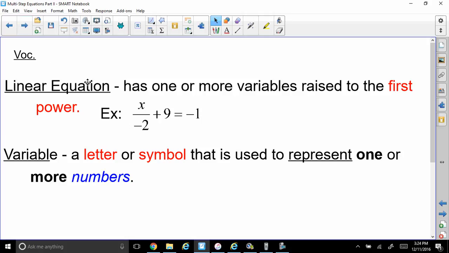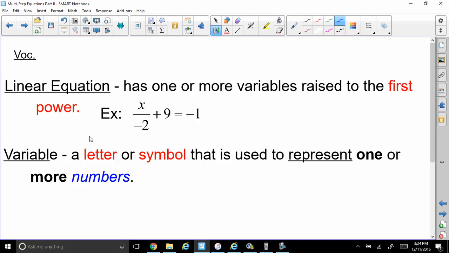A linear equation has one or more variables raised to the first power. For example, x over negative 2 plus 9 equals negative 1. Notice the variable x; a variable is a letter or symbol that represents some number or one or more numbers.